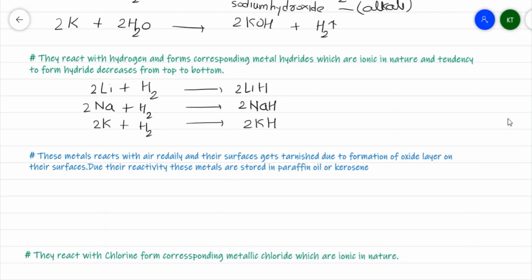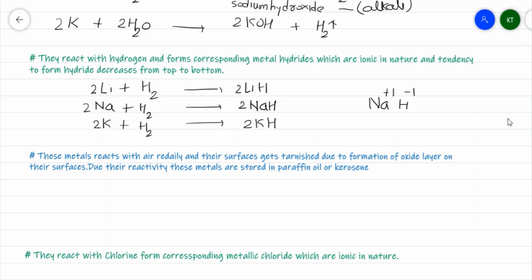Now, these hydrides are basically ionic in nature. Here, the alkali metal will have positive valency and hydrogen will have negative valency. So if I write sodium hydride, it is Na+1, H-1.